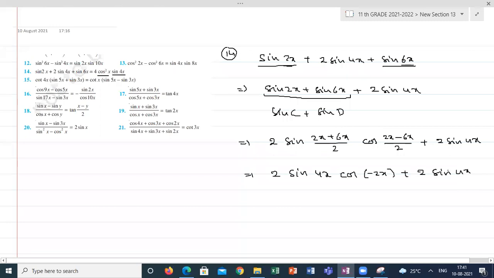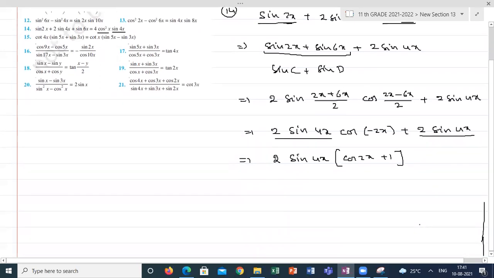What can I take common here, guys? I can take 2 sine 4x common. Cos of minus 2x is cos 2x, plus 1. What is the value of 1 plus cos 2x in terms of cos x?